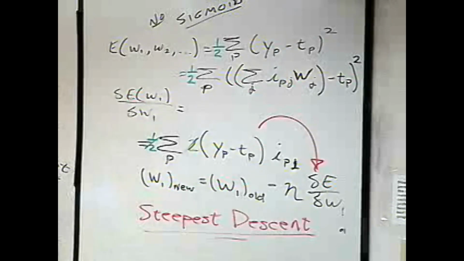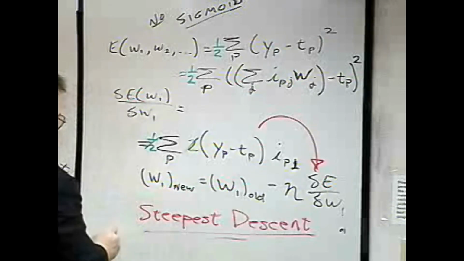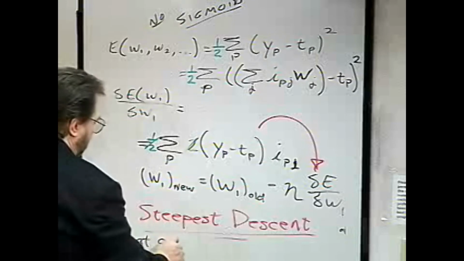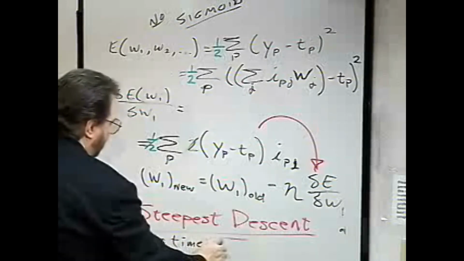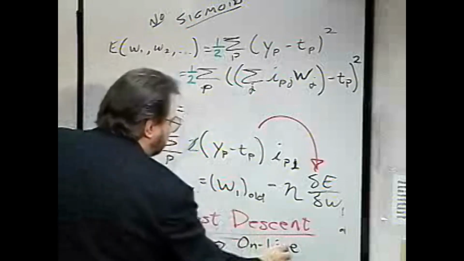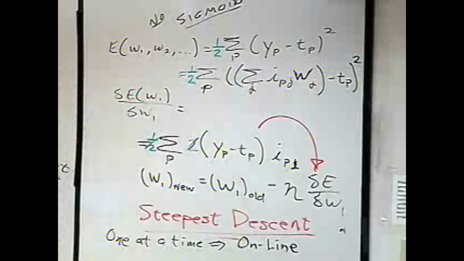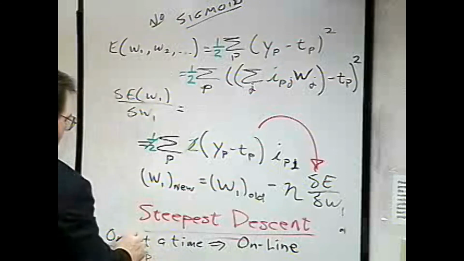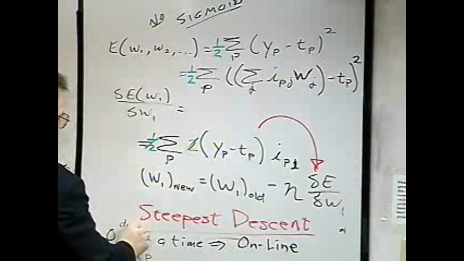In fact, one data point at a time is sometimes referred to as online training, and this is actually the classic Woodrow-Hoff algorithm, the online training.